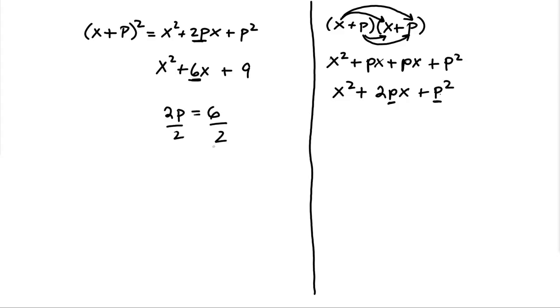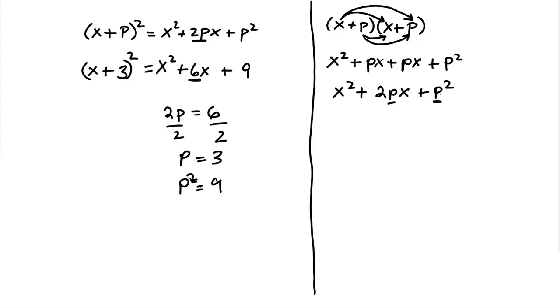And p is 3. Now I can verify what p squared is: 9. There's definitely something wrong with my pen. P squared is 9, which is what I have here. So now if I want to find the factored form of this, it's going to be x plus p, which is 3. That's the basic principle.